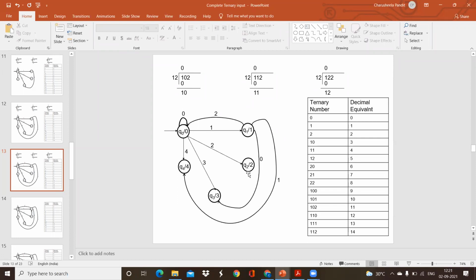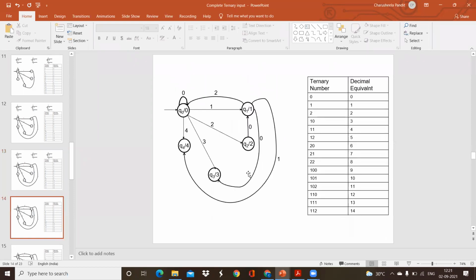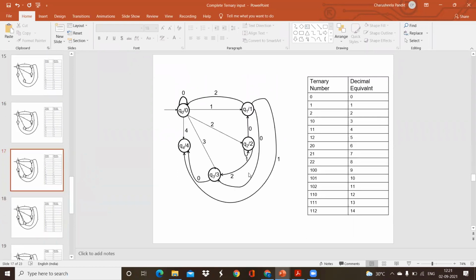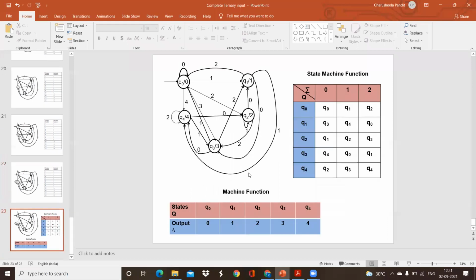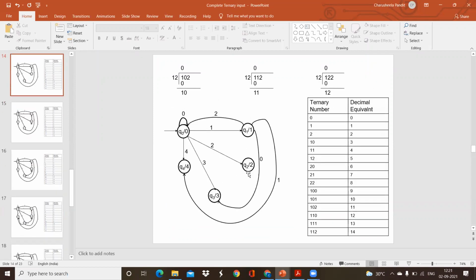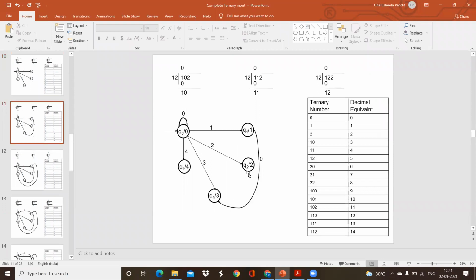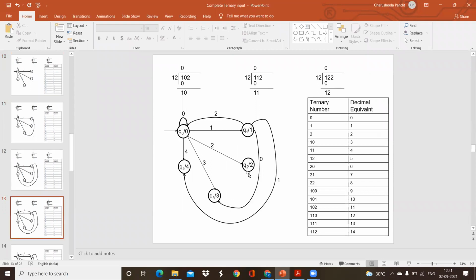And by doing this process, you can complete this state transition graph, and this way you can construct your Mealy machine. And from this transition graph, at the end you can design the state function and the machine function, right? So till this step we have completed. Okay, the remaining part I want you to complete now, and then you can check with your final answer.